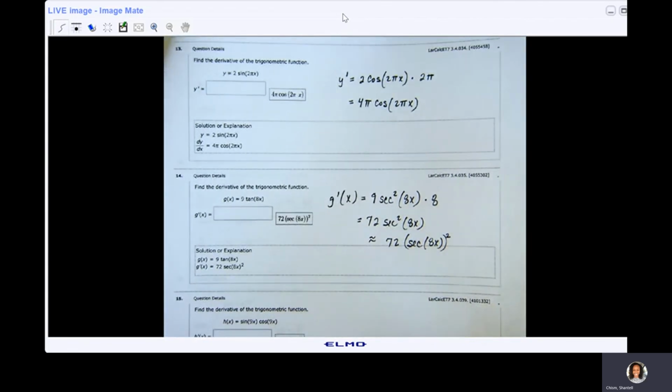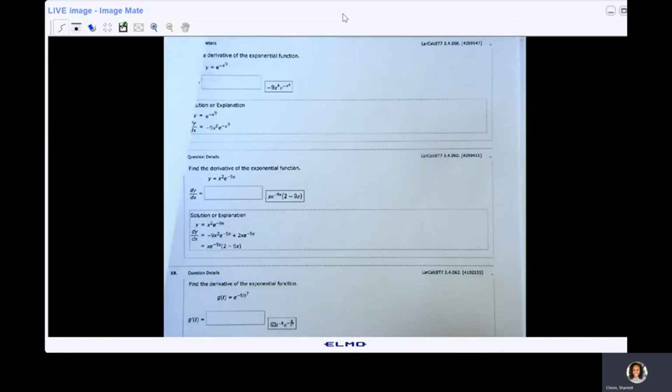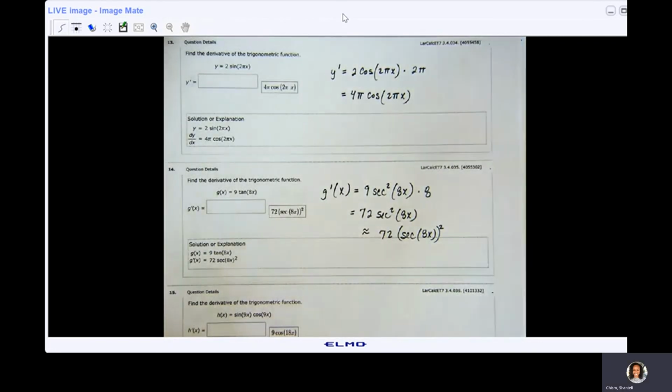I think that's pretty much what I wanted to go over. Let me make sure there's not another rule we need to talk about, because it might be.